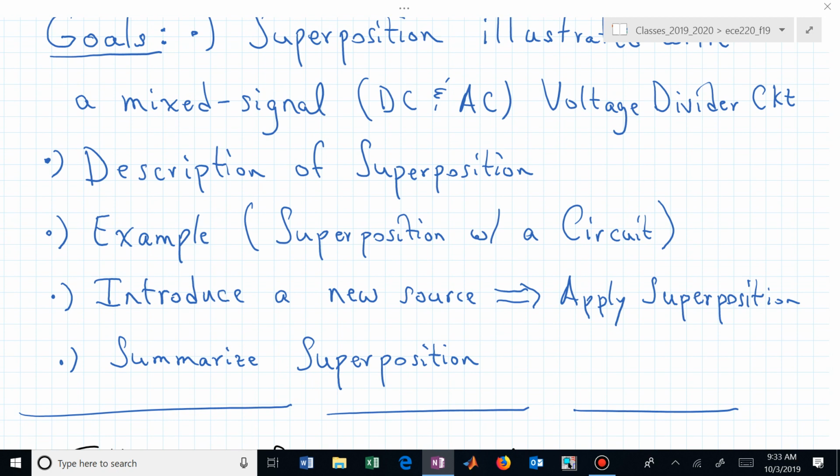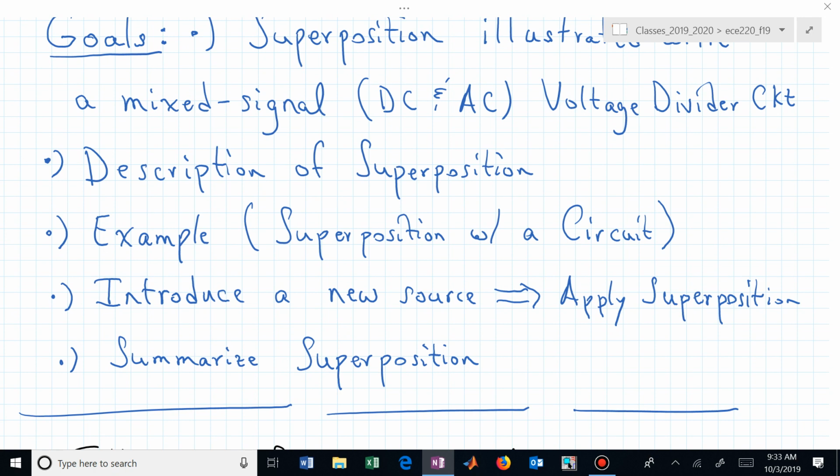We'll look at an example circuit and use the superposition concept to analyze it, and then we'll continue with that same example, but now we'll say, wait a minute, I need to introduce another source. Oh, no problem.